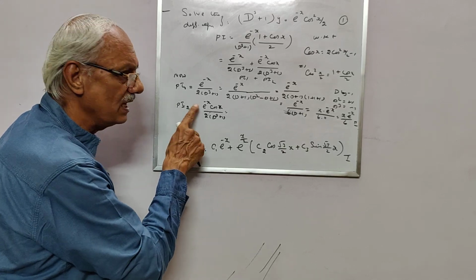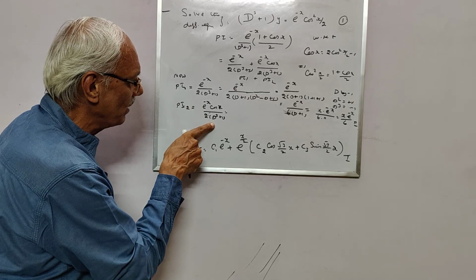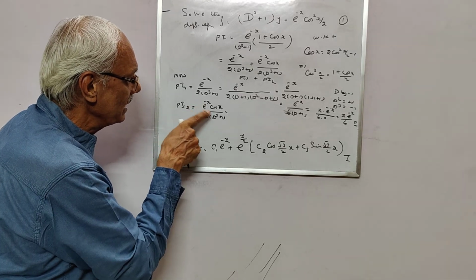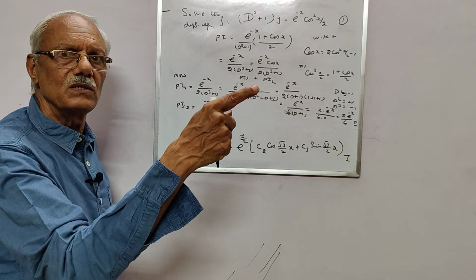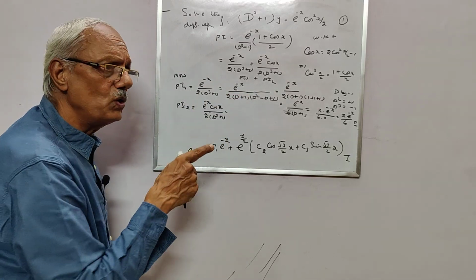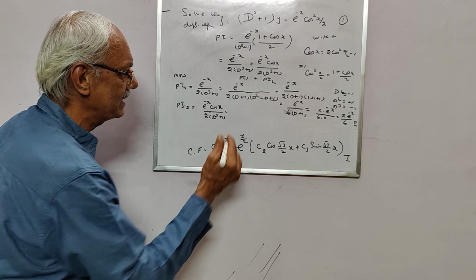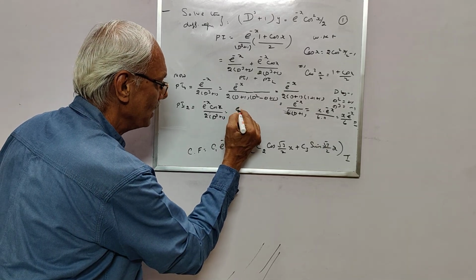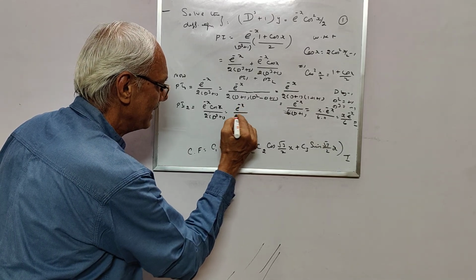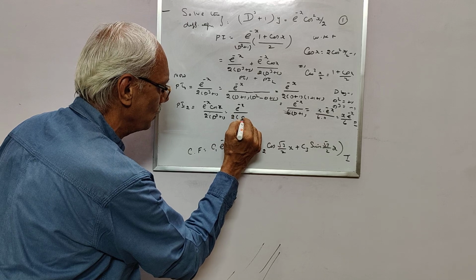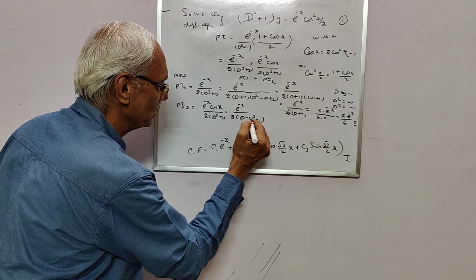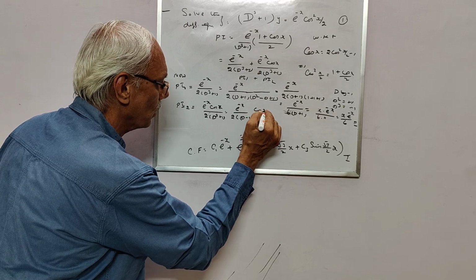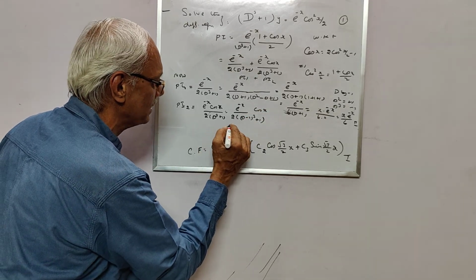So you have to integrate e to the power of minus x with respect to the denominator and then start doing it. Now how to integrate? What does the rule say? e to the power of minus x divided by 2 into (d minus 1) whole cube plus 1, into cos x.